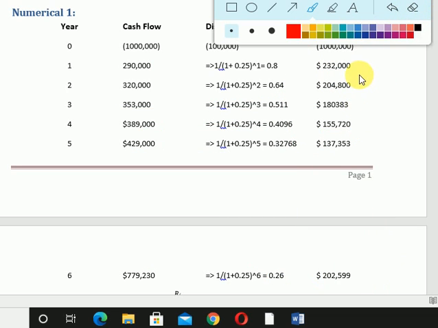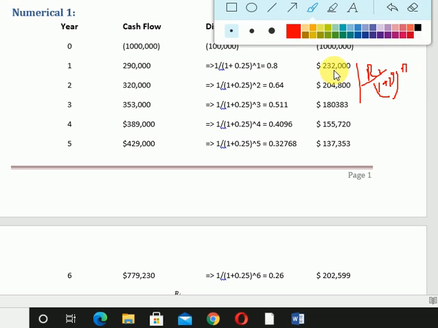What is this? This is Ri. This 2,32,000 is Ri divided by (1 plus i) raised to the power n, the discounted cash inflow. This is also called present value or discounted cash inflow.